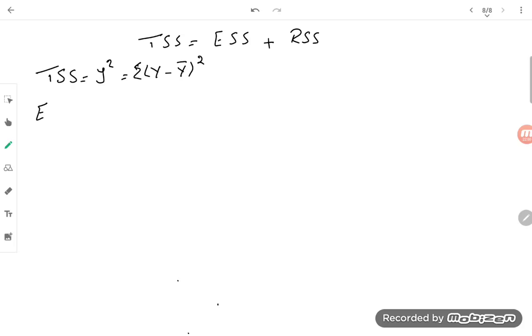And ESS is calculated as the estimated value of y minus y bar squared. While with respect to residual sum of squares, it is calculated as summation e squared.